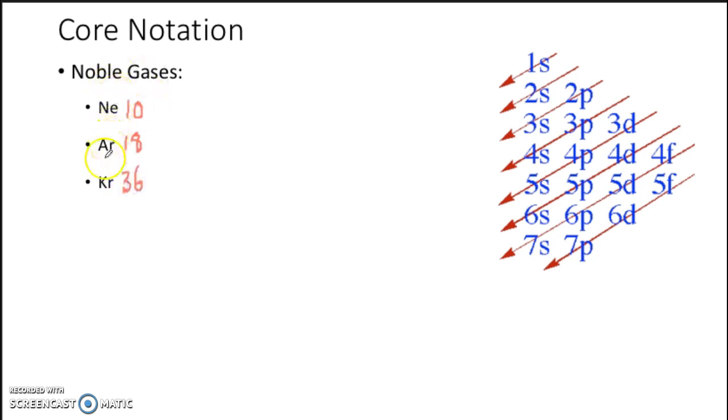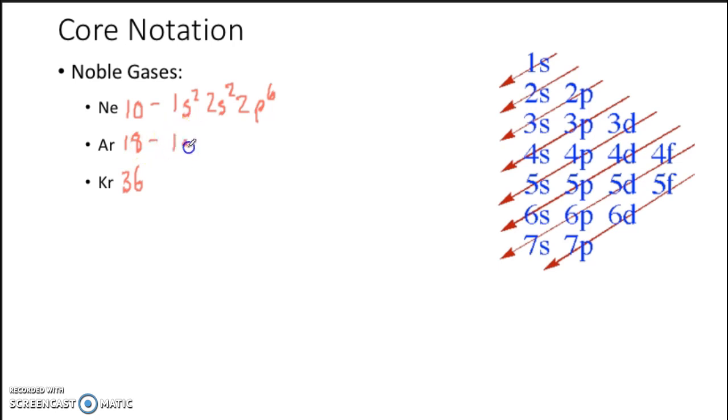So these are all stacked right on top of each other on the periodic table. So starting off with neon, we'll start following our arrow like always. So 1s2, after 1s comes 2s2, so I've used 4. After 2s comes 2p, which can hold 6. So 2 plus 2 is 4, 4 plus 6 is 10. So that's neon.